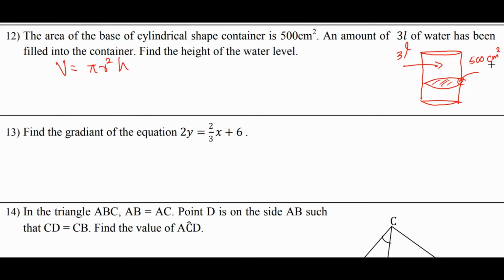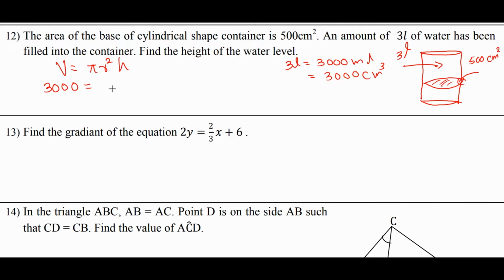Then the first thing is 3 liters should be converted into cubic centimeters. Then I can write down 3 liters is equal to 3000 milliliters, and also equal to 3000 cubic centimeters, because 1 milliliter is directly equal to 1 cubic centimeter. Then I will put the volume as 3000, and here the pi r squared value is known.